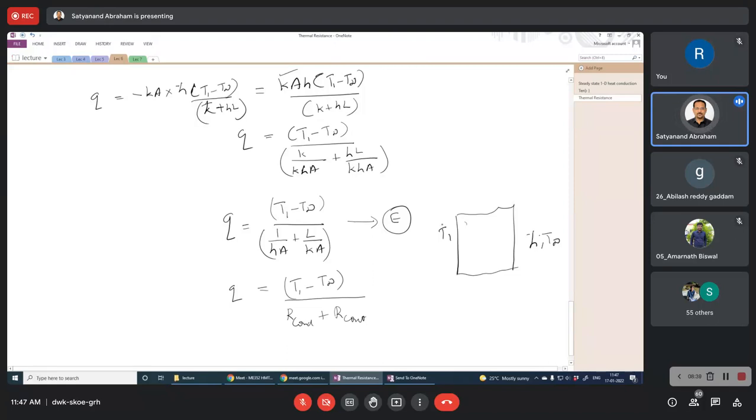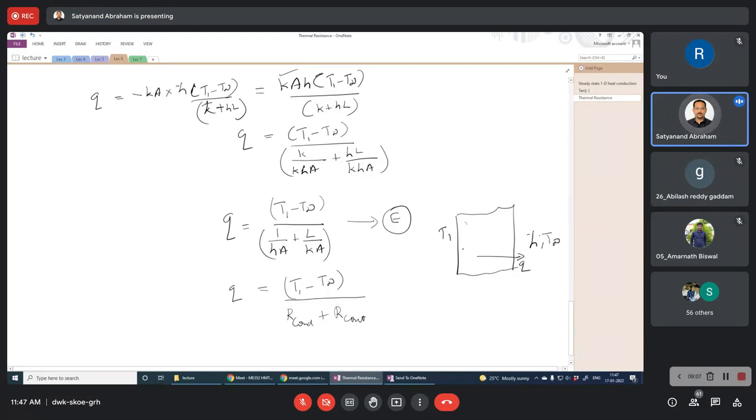It is the maximum temperature difference, T1 minus T infinity. We assumed Q is passing in this direction, and we assumed T1 is greater than T infinity. Therefore, the potential is T1 minus T infinity, and Q is equal to (T1 minus T infinity) divided by (R conduction plus R convection).